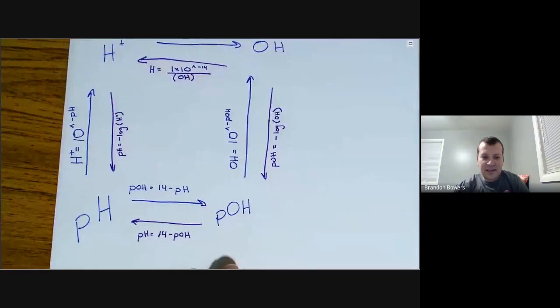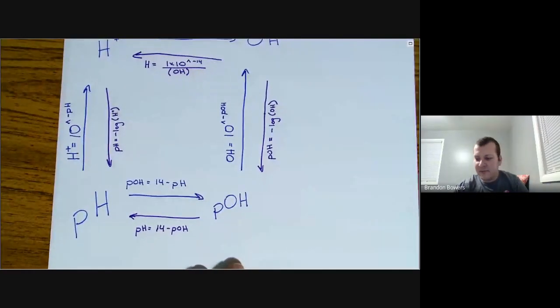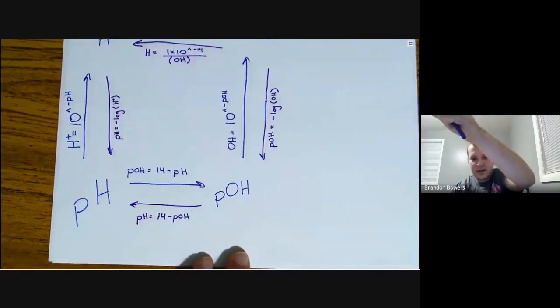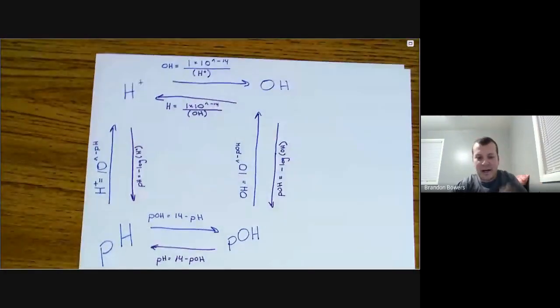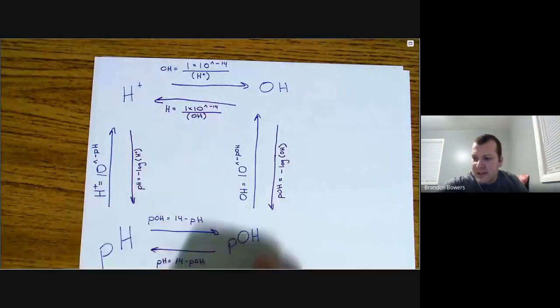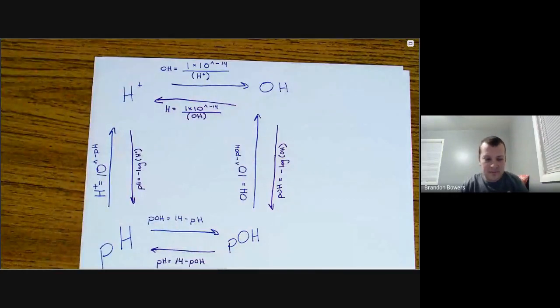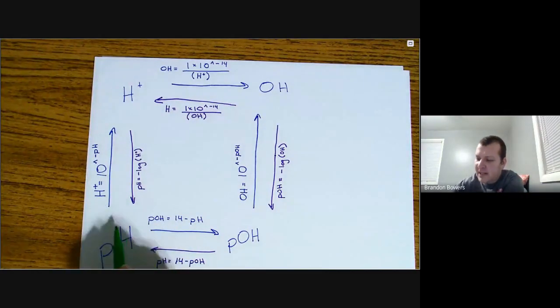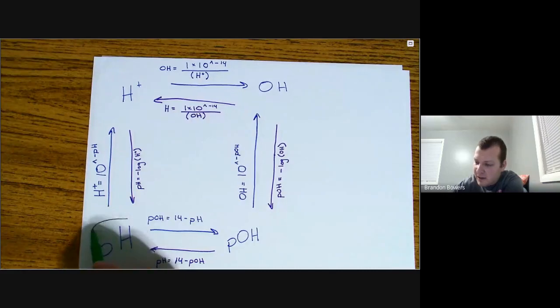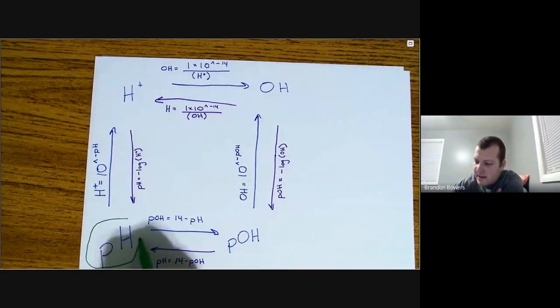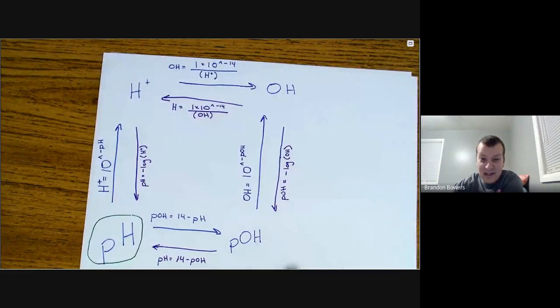It's kind of a lot, so we're just going to start at the bottom for now. We created a big square. It's my pH square. Within my pH square, I have pH in the bottom left corner, and this is what I would like you guys to copy down.